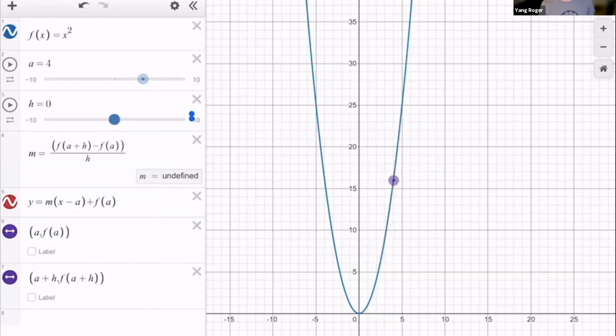When it totally overlaps, you get 0 over 0. So we're coming from both sides of 0. This is coming from the left side of 0, and this is coming from the right side of 0. Okay, does anyone have any questions about what we're doing here?